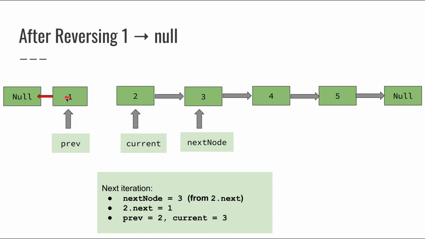So where will the current go? Current we have to move from here to here, because this part is done, right? Now we'll do this for the rest of the part that you are seeing from here to here. And this part, who has saved the data? The next, right?